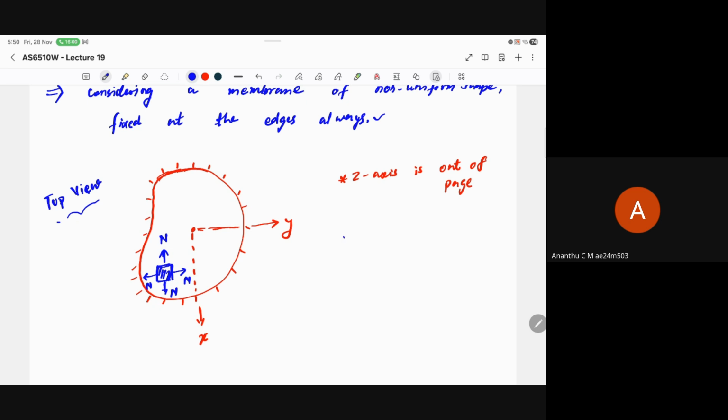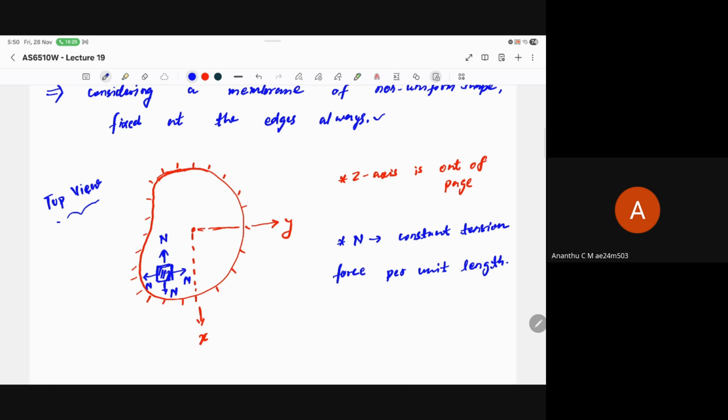So you have this N, which is your constant tension force per unit length. And this constant tension force is going to be in both the x and y direction.